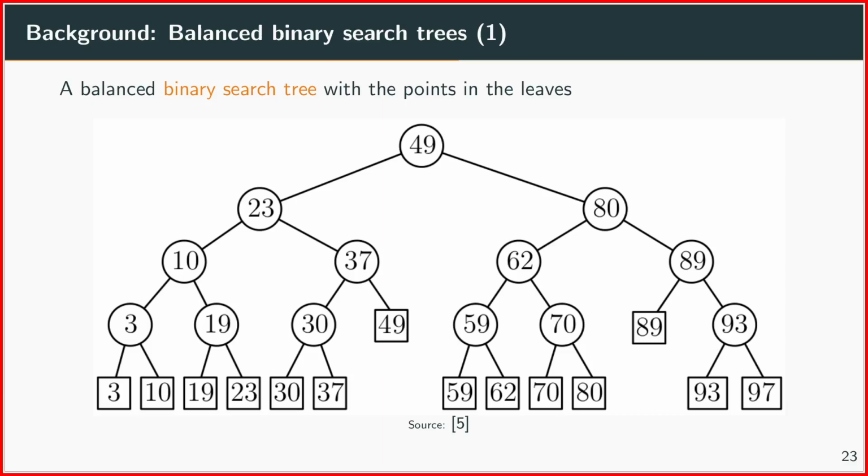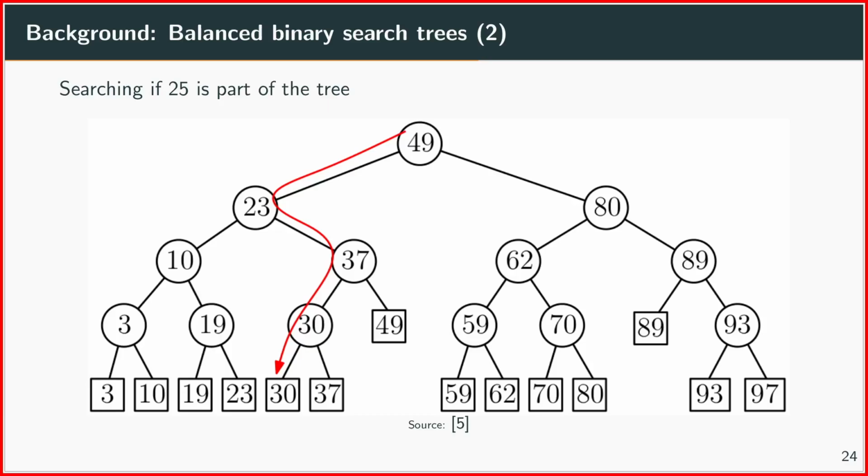If you now want to find some range of points, for example between 25 and 90, then you can query the search tree by always going left if your number is smaller than the number here, and going right if it's bigger.